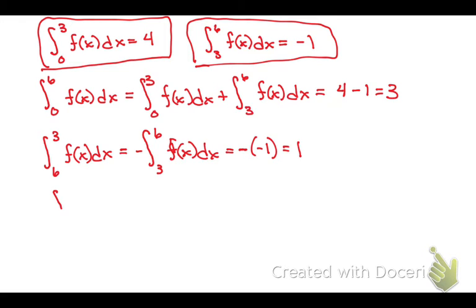Okay, the integral from 3 to 3 of f of x dx would be 0. And the last one that we're going to do is from 3 to 6 of -5 f of x dx.